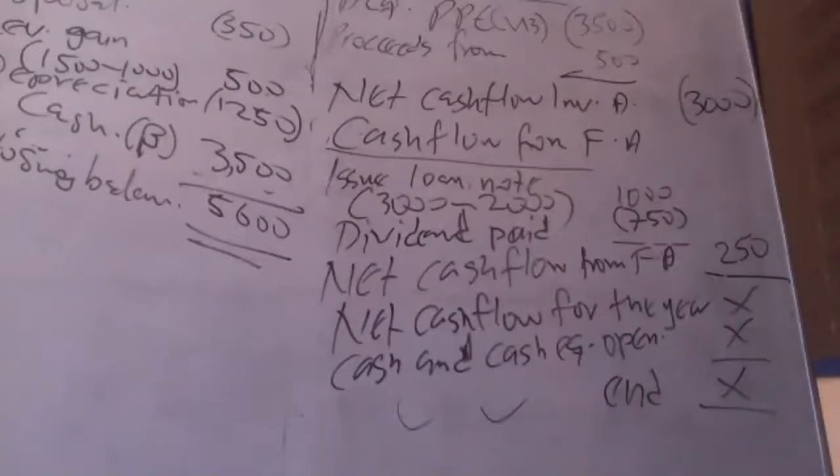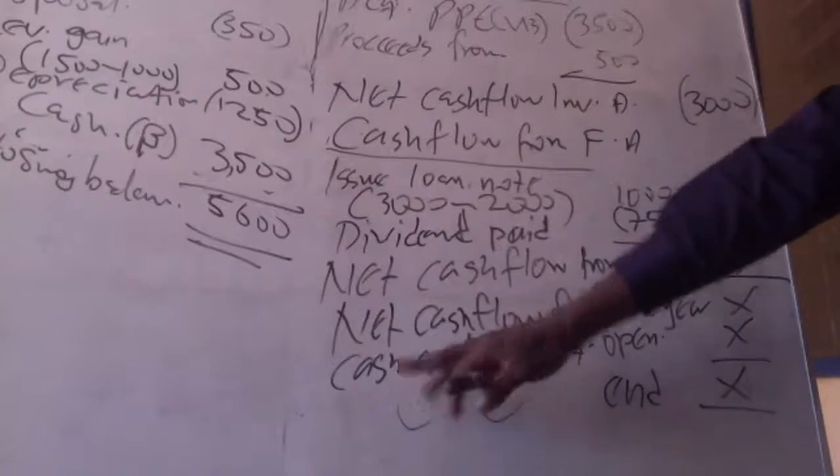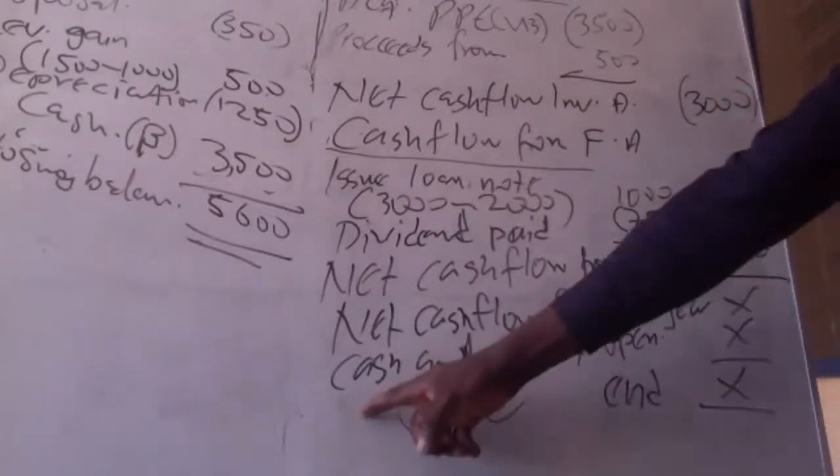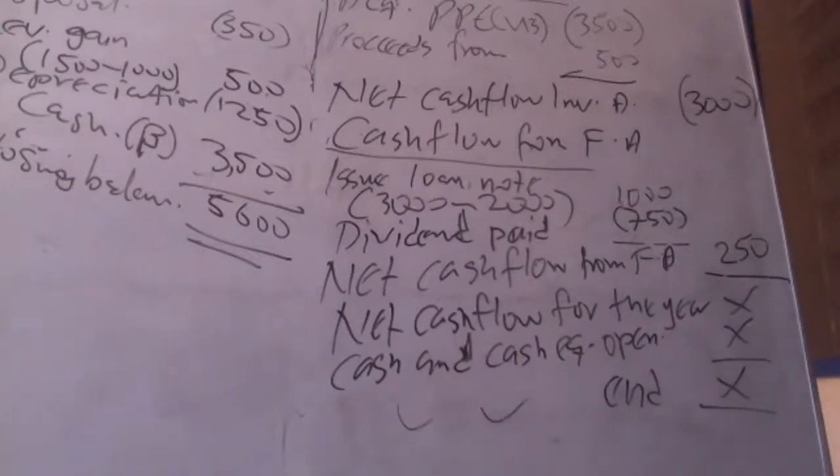Some of the terms: cash and cash equivalent. Cash is money that you have, whether in the bank or in your hand. And cash equivalent: sometimes you have some instruments or investments that are not cash, but you can easily convert them into cash.